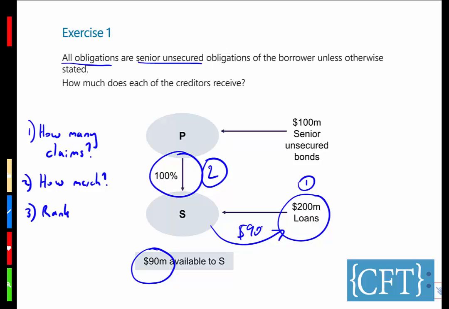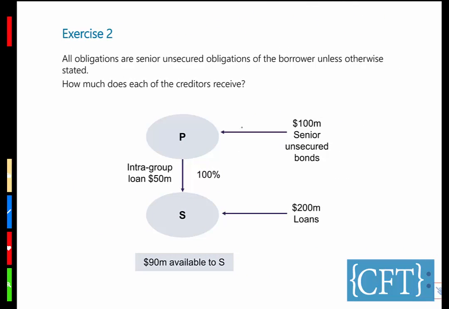Now, it wouldn't actually matter if this bond over here was senior unsecured, senior secured, or anything else. Ultimately, it has no claim directly on S, it has a claim only via P, and as a result that 100 million goes unpaid.